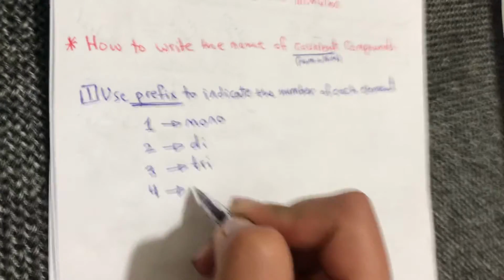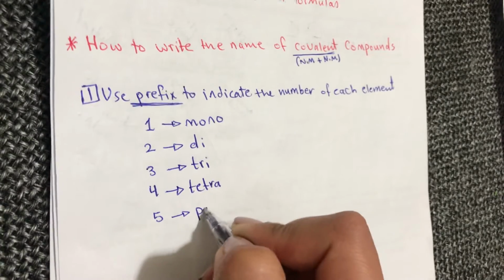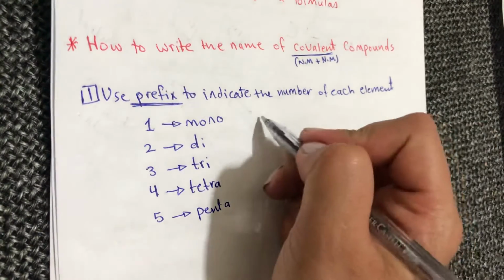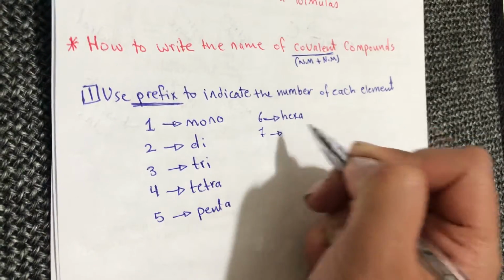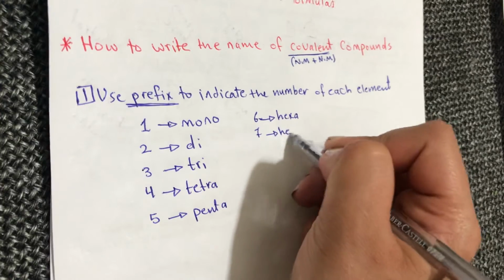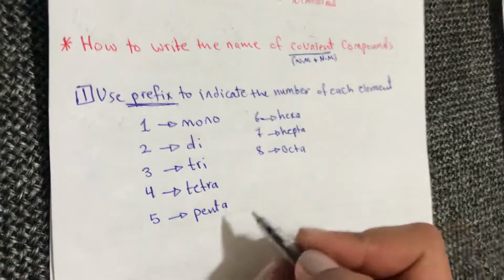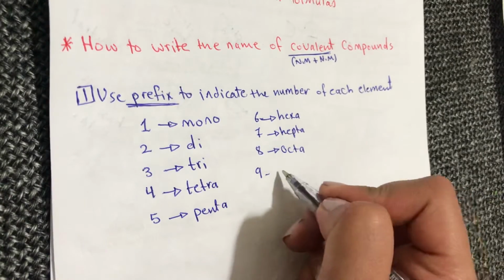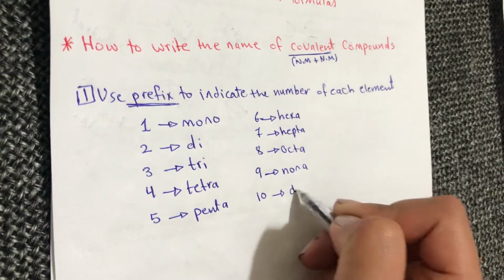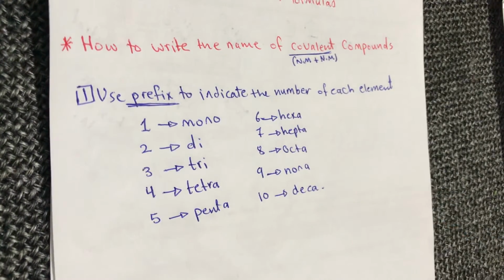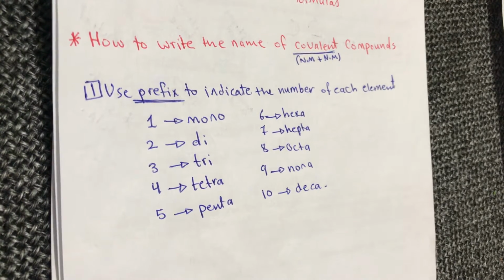For 4, tetra. 5, penta. 6, hexa. 7, hepta. 8, octa. 9, nona, and 10, deca. So you have to use these prefixes to indicate the number of each element.